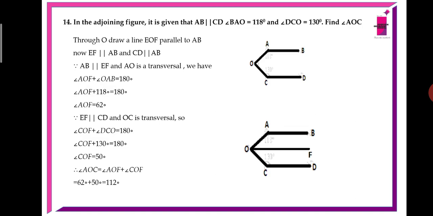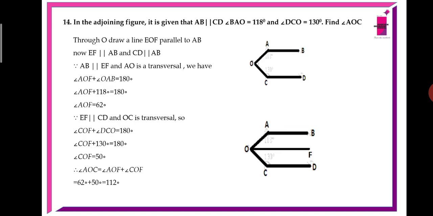Now EF is parallel to AB and CD is parallel to AB. Therefore AB is parallel to EF and AO is a transversal. Taking AO as a transversal, we have co-interior angles, so angle AOF plus angle OAB equals 180 degrees. By substituting the value of angle OAB, you will get angle AOF as 62 degrees.